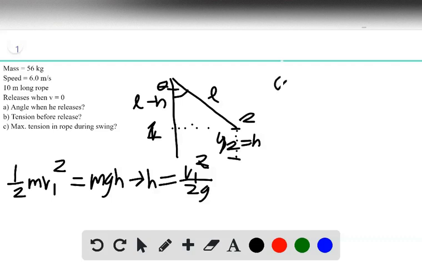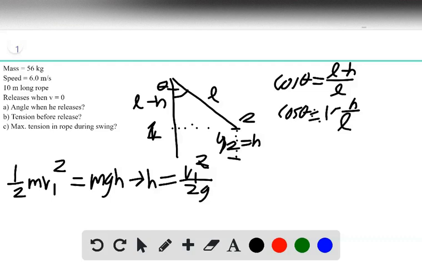So cosine theta equals L minus H over L. We can take out the L, so cosine theta equals 1 minus H over L. And we have an expression here for H, so we can plug that into this.